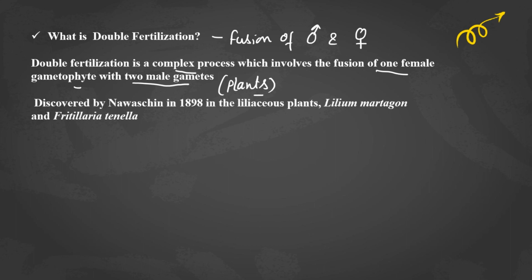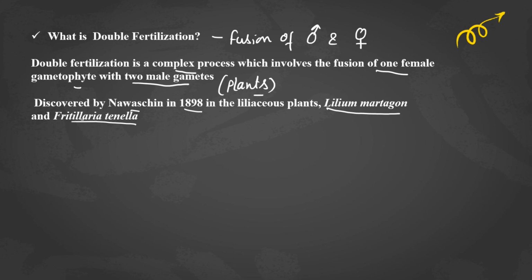This double fertilization process was first discovered by Navaschin in the year 1898, in Liliaceae plants, namely Lilium martagon and Fritillaria tenella. मतलब ये जो double fertilization process है, first Navaschin discover किए थे from the Liliaceae plants.